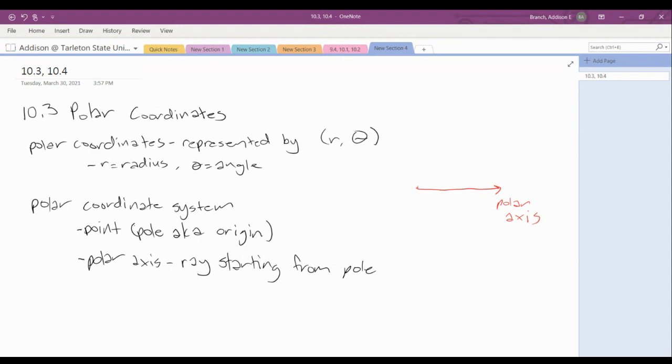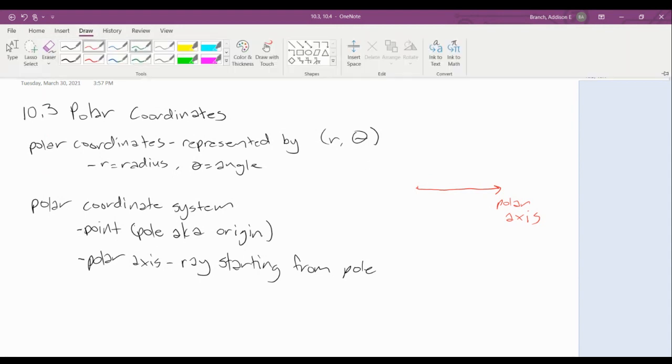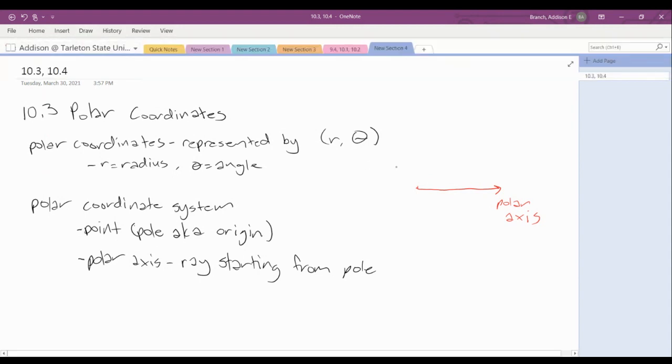So let's go ahead and talk about r and theta again. Whenever we're referring to r, or our radius, in our polar coordinate system, we are essentially talking about how far out from our pole we are going. So for example, if we have r equals 3, we go 1, 2, 3 units out.